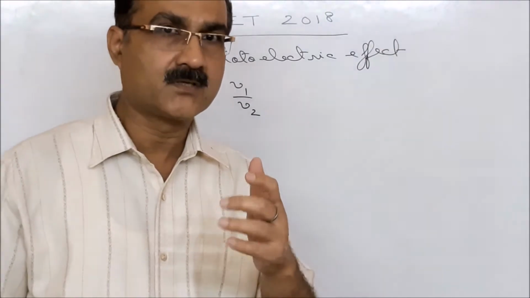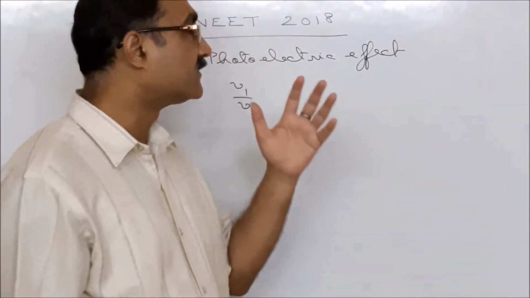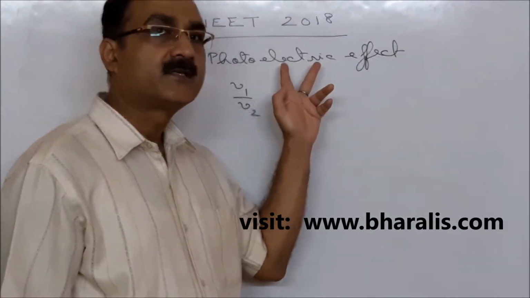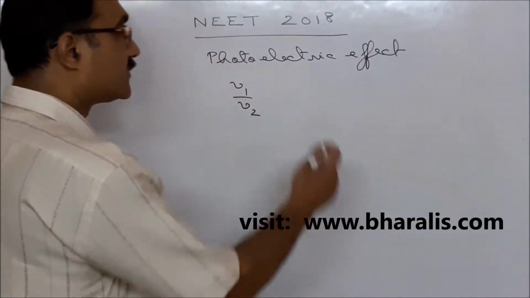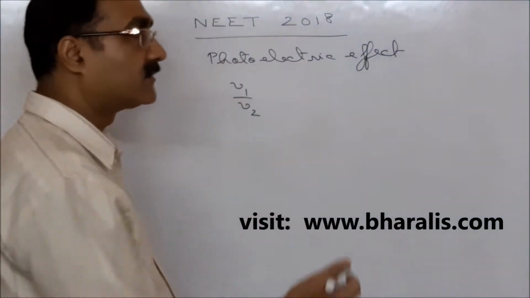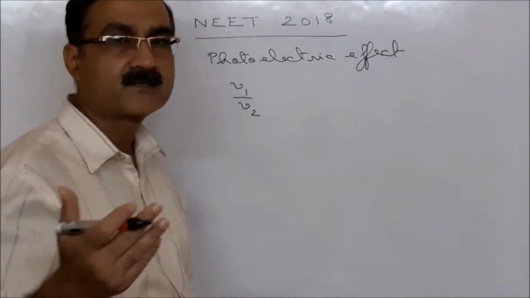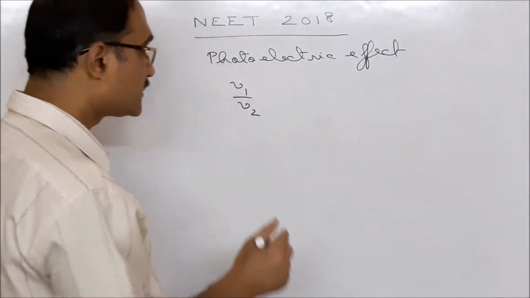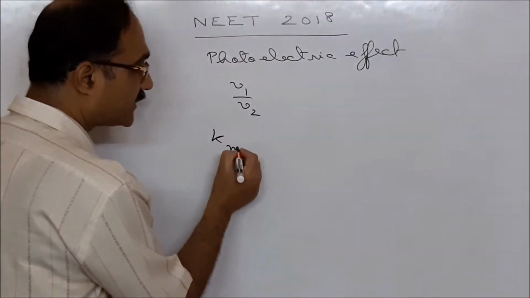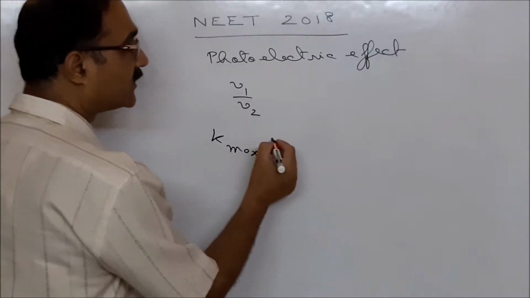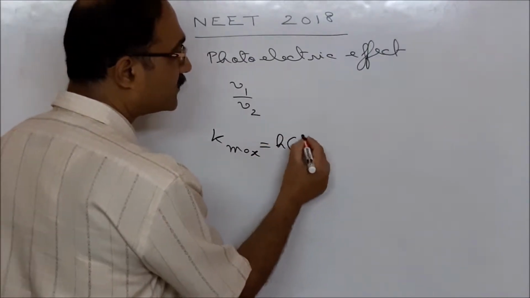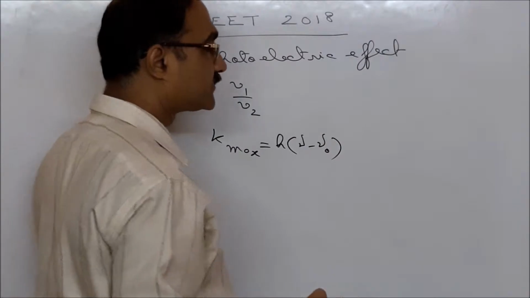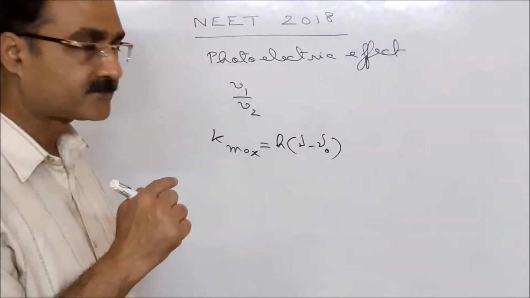In the third step, we should consider what are the formulas we should consider here. So there is only one major formula in photoelectric effect, that is Einstein's formula. It says the maximum kinetic energy is equal to h into nu minus nu naught. This is one form.